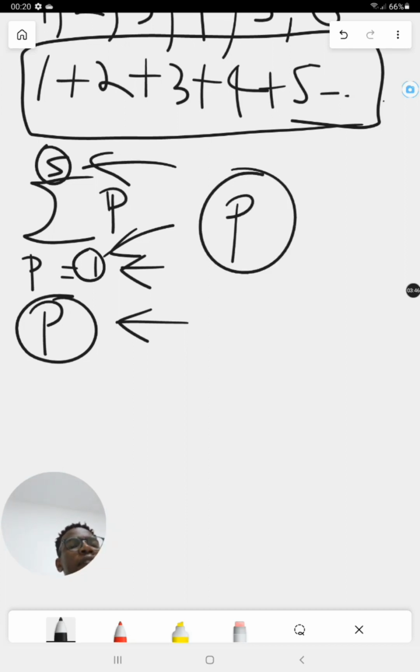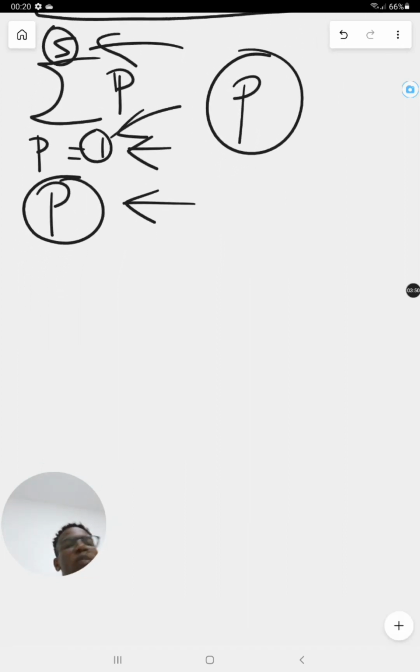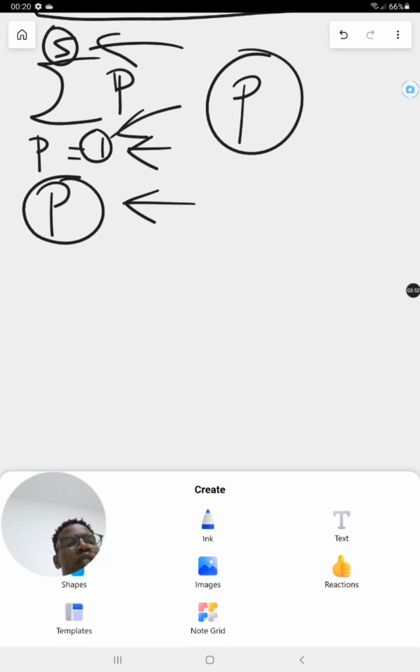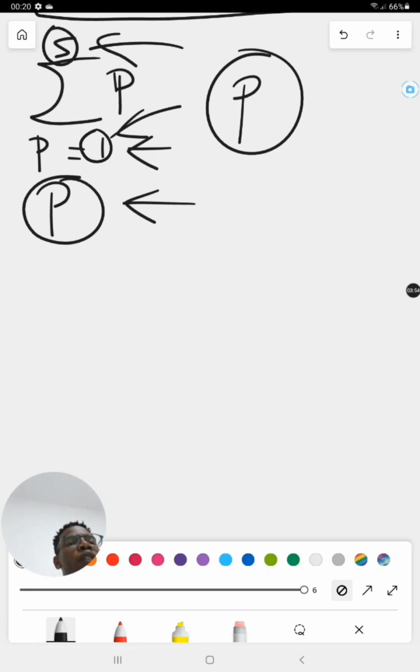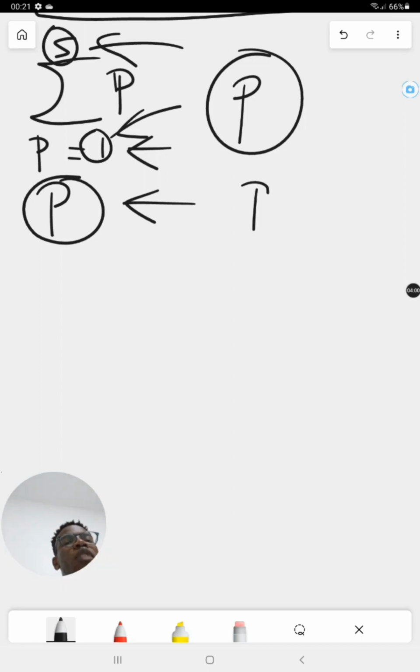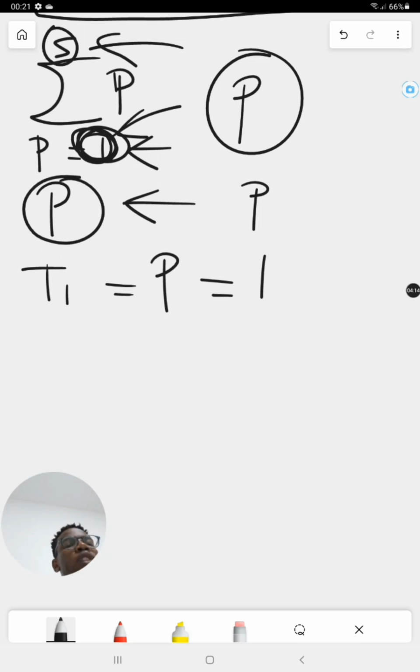Now, if I had to write a sequence for this, you don't have to do this when you're solving. I'm just doing it for purposes of explanation. So if you had to have a sequence from this, you would know that if P is your formula, then T1 would be P when P is equal to 1, because 1 is the first number that you start off with.